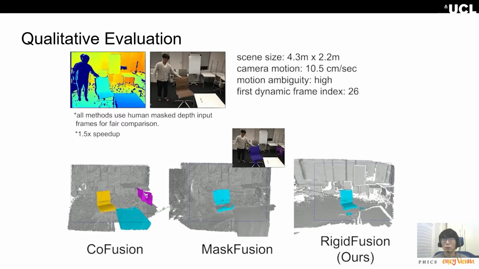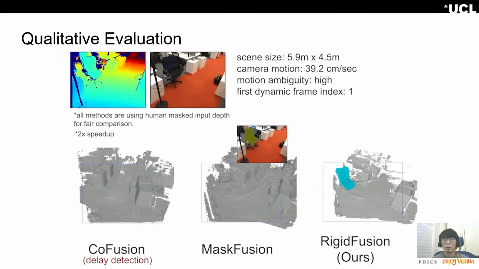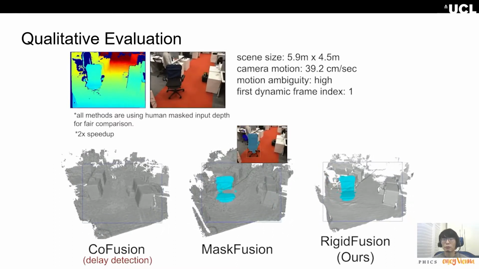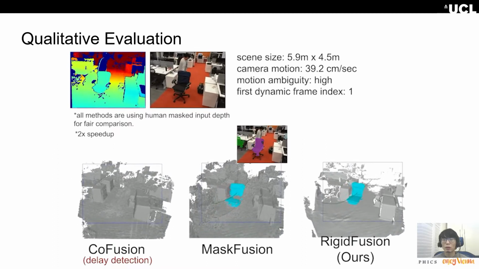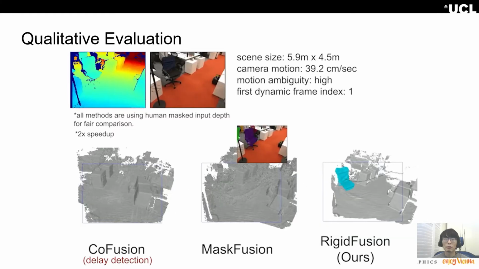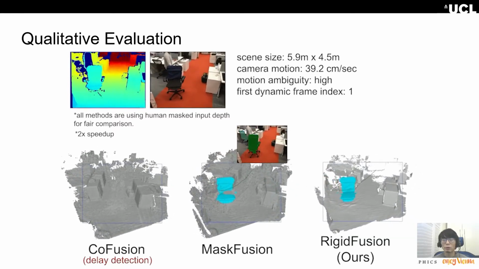Our method still works well and produces plausible results. The last example shows a scenario where the dynamic objects start to move in the second frame. This example requires the system to quickly segment out dynamic elements and maintain robust tracking. Our method still produces good results.